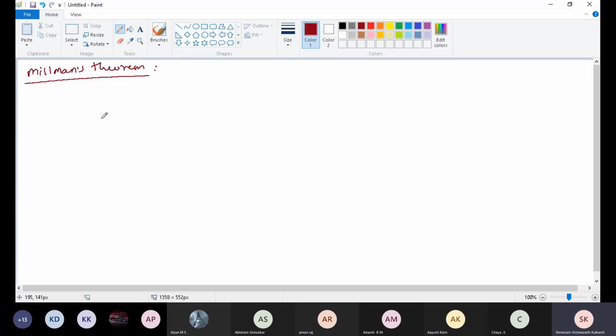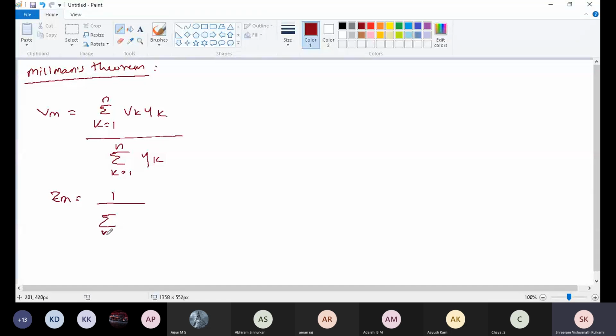We know the formula for that: Vm equals summation of k equals 1 to n Vk Yk divided by summation of k equals 1 to n Yk. Then Zm equals 1 by summation of k equals 1 to n Yk. This is the formula. How we are going to use it here, for this I am going to refer to this figure.